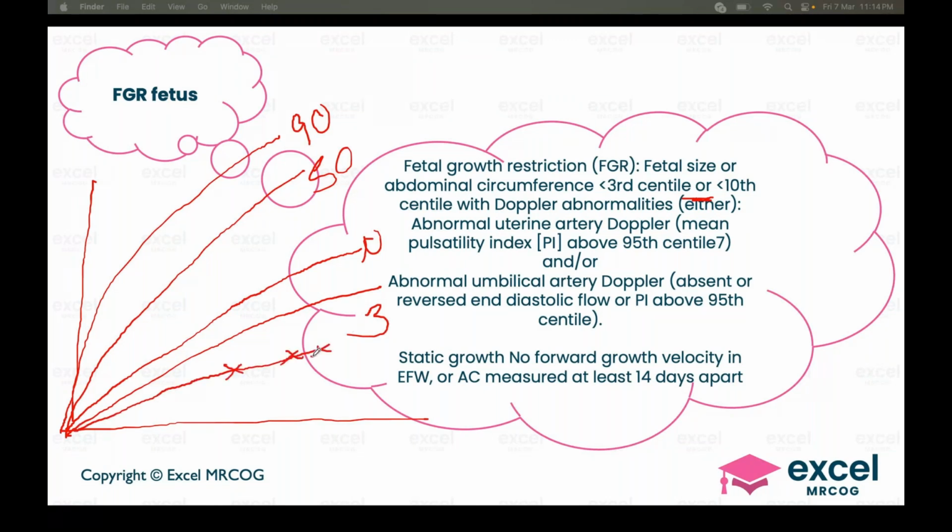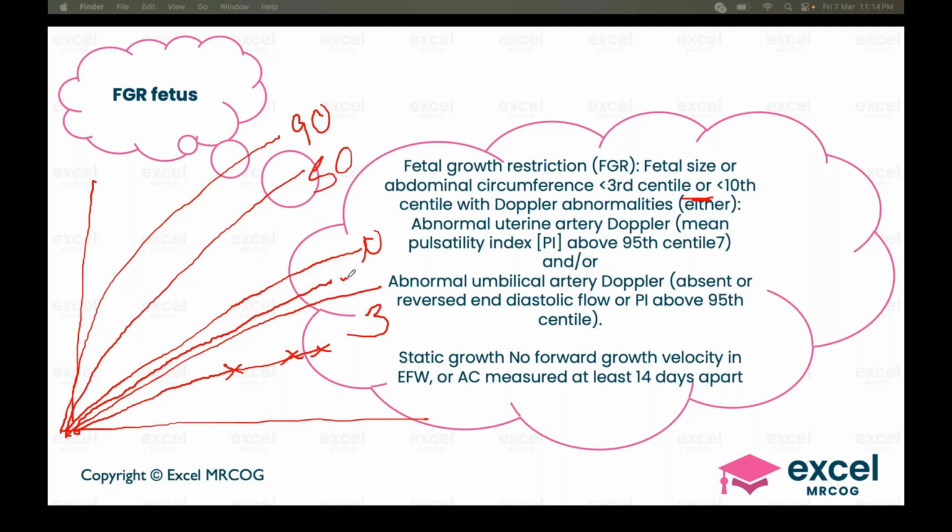Okay, so a fetus that is growing at this rate here is FGR. Okay, there could be a fetus which is here. This is actually SGA. However, if this fetus also has Doppler abnormalities, that is abnormal uterine artery PI, pulsatility index.